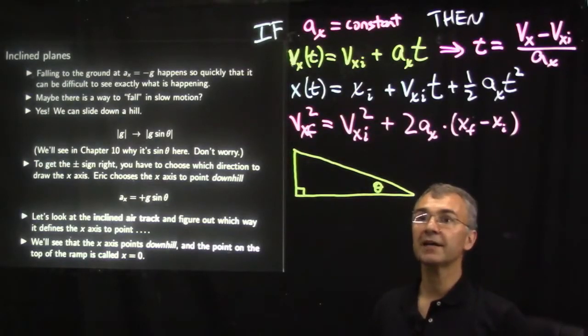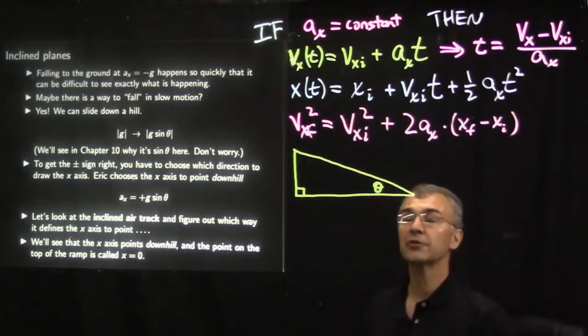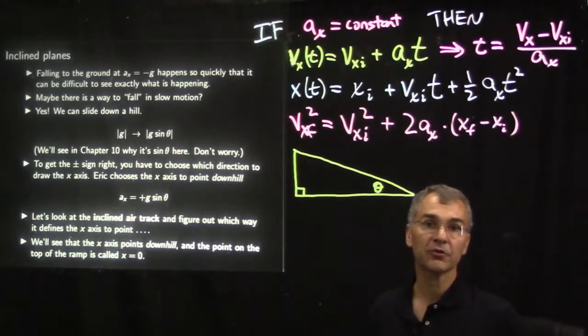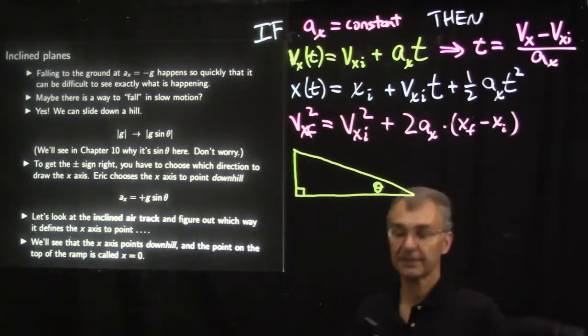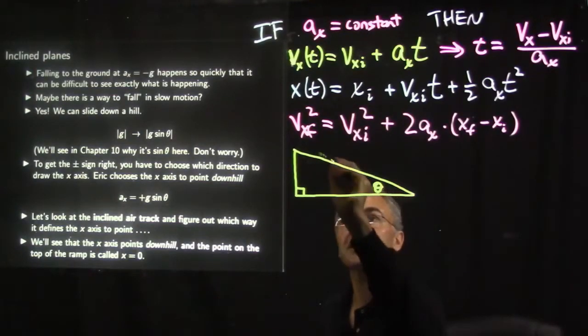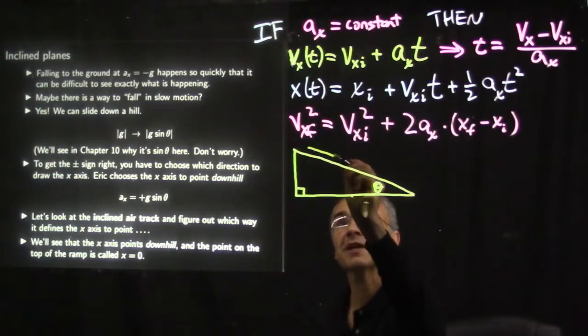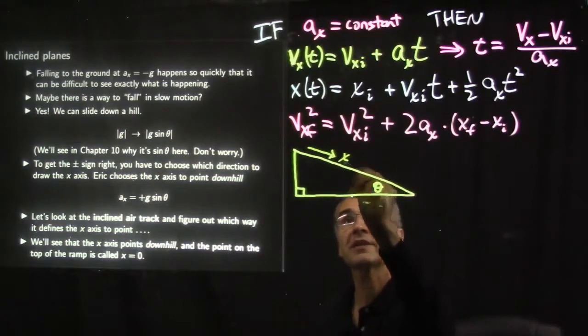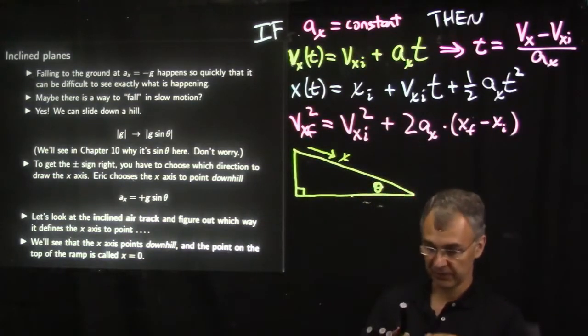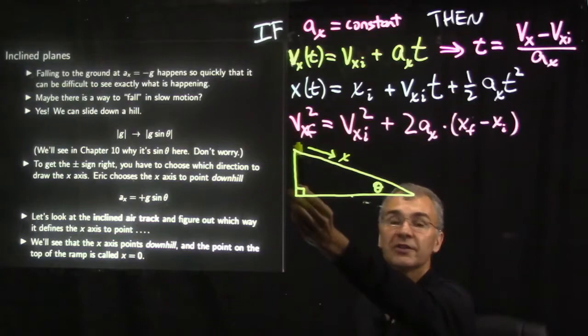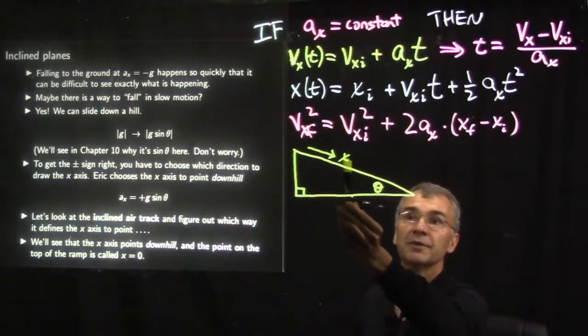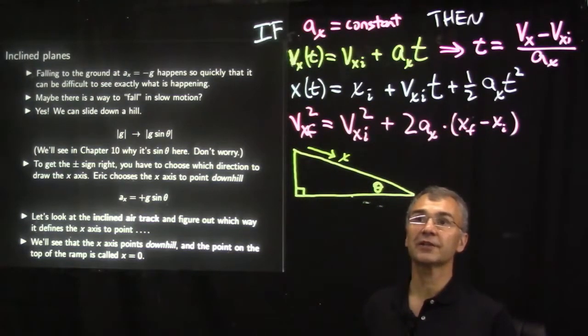So if we have an inclined plane whose angle with respect to the horizontal is theta, then we define, in Mazur's convention, the x-axis to point downhill. So x equals 0 is at the top of the hill, and x gets bigger and bigger as you go down the hill.